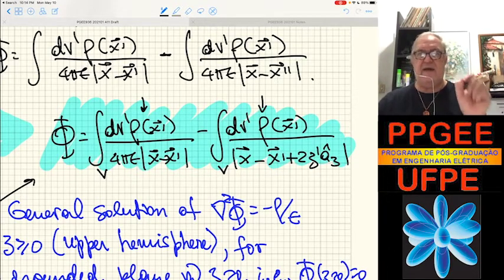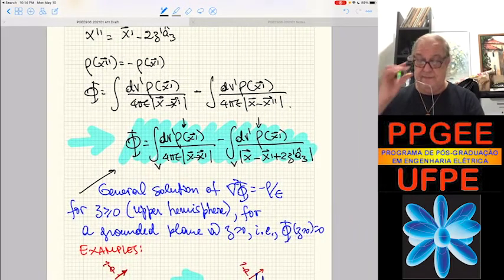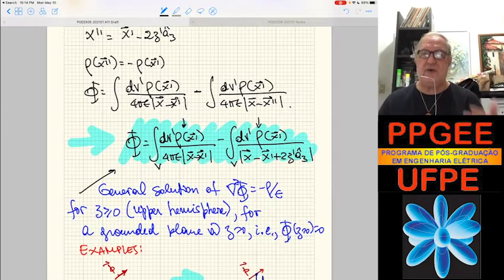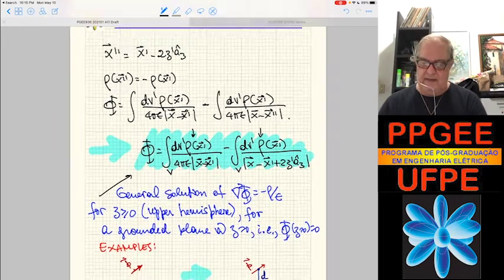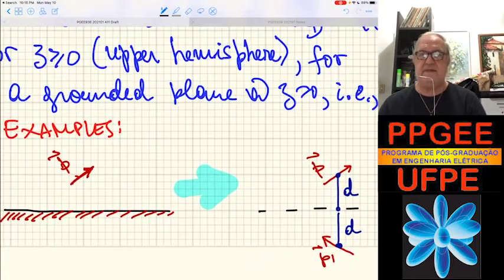So on the V prime, this is rho of x prime. So that's how we do it. So we have solved one specific case of Poisson's equation in which the potential is grounded on the z equals 0 plane, right? So here we have some examples to show what happens for different charge distributions.